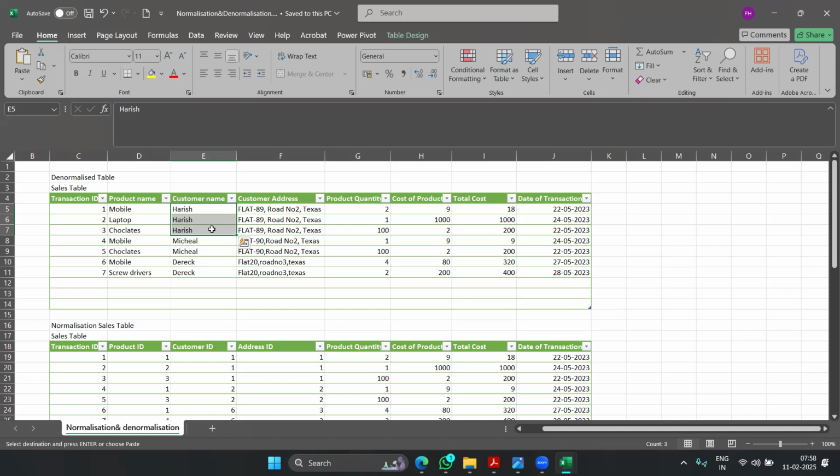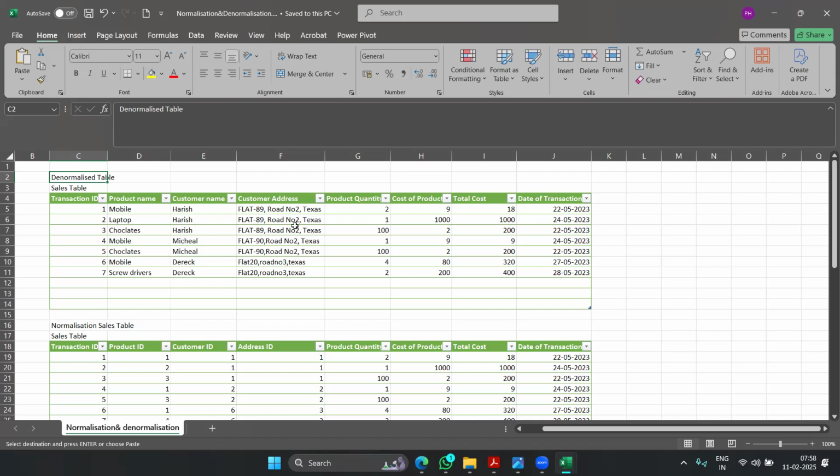Similarly, in that particular area, there would be customers like me who regularly visit. Now, every time I am visiting, they are going to capture my complete data, right? So when we are storing our data in a single, detailed table, we call it a denormalized form. Now, what is the problem with this one?